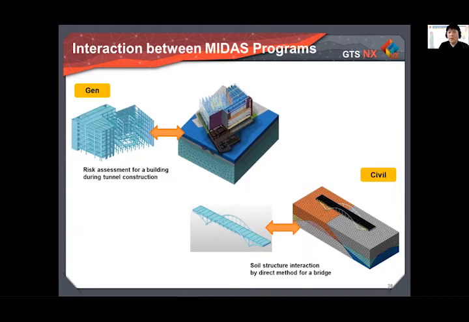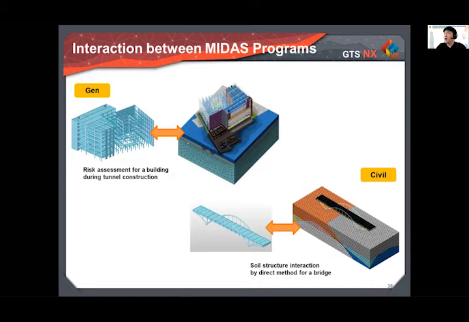GTS NX can import model information such as the meshing, material, structure, cross sections, and load and boundary conditions from the Midas family software, Midas Gen. And the CAD interface transfers project data for expanded analysis requiring soil structure interaction and detailed 3D investigation such as bridge piers and high-rise building foundations.